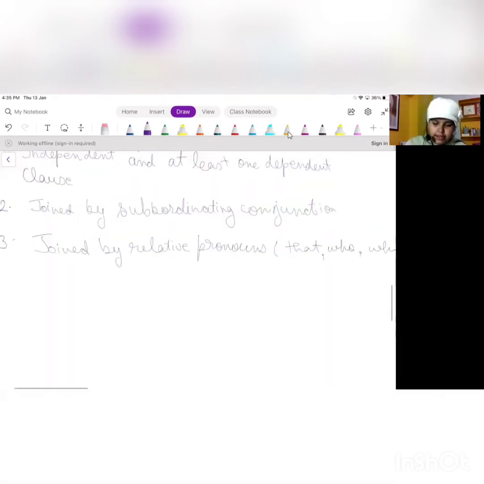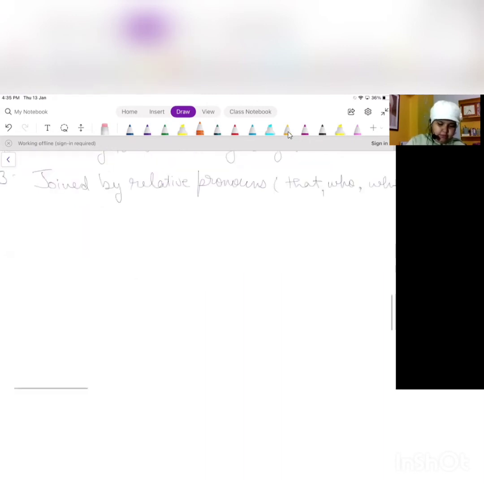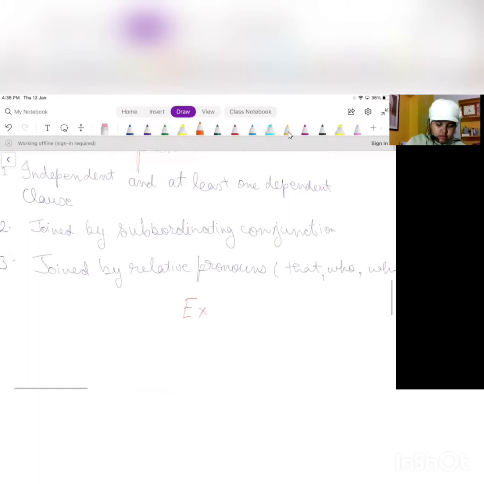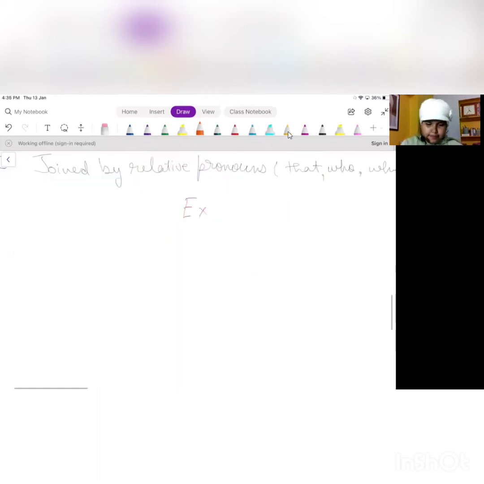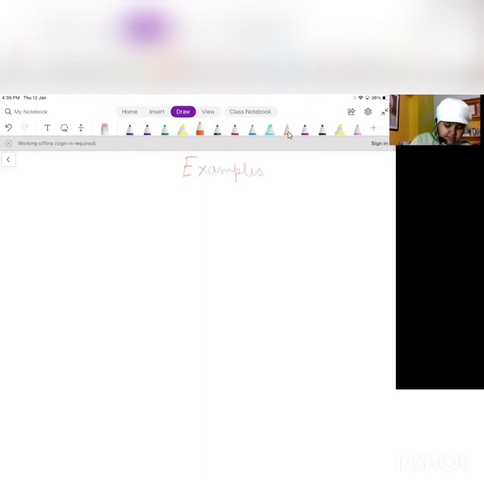Now, examples of complex sentences are: first, she is wearing a skirt.